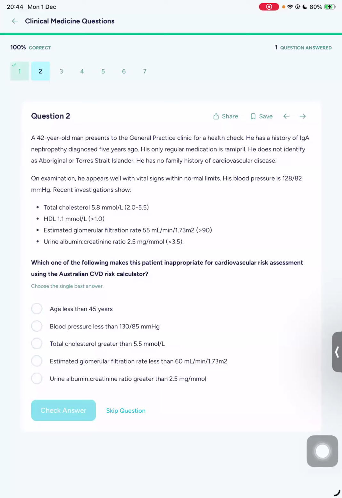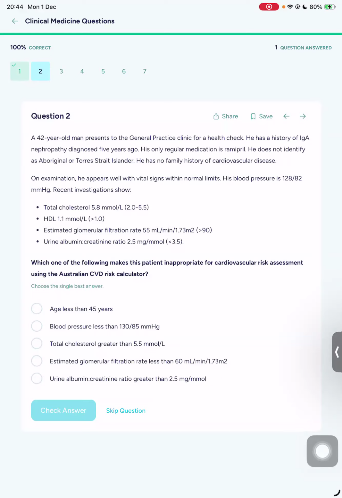Recent investigations show total cholesterol 5.8. Total cholesterol is increased, right? HDL 1.1, marginal. Estimated glomerular filtration rate is 55. Urine albumin creatinine ratio is 2.5, normal.